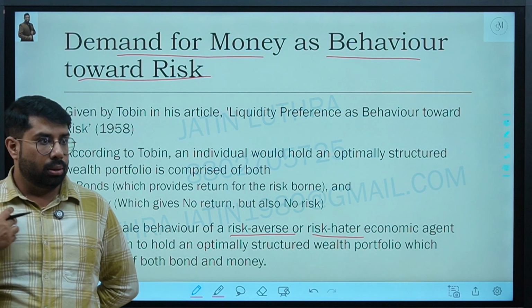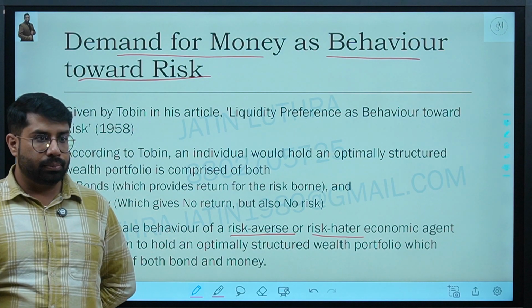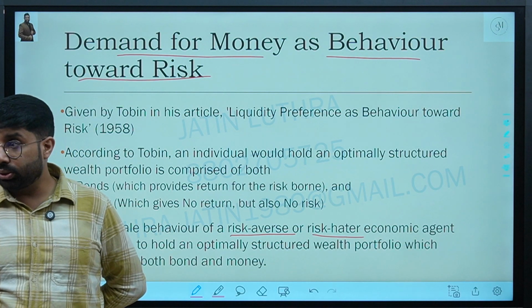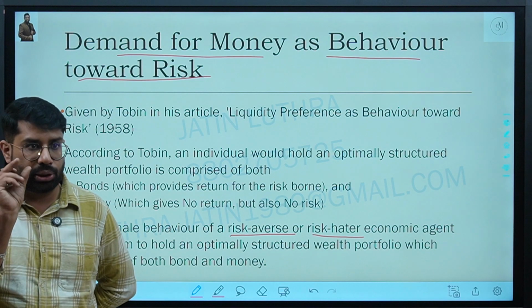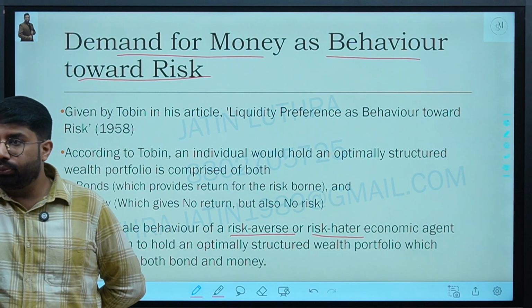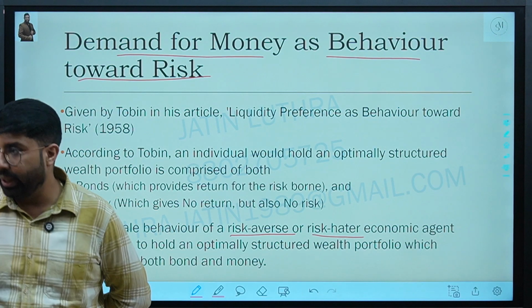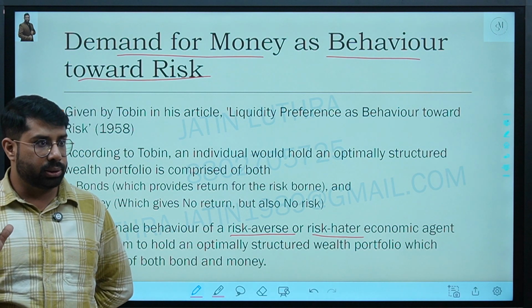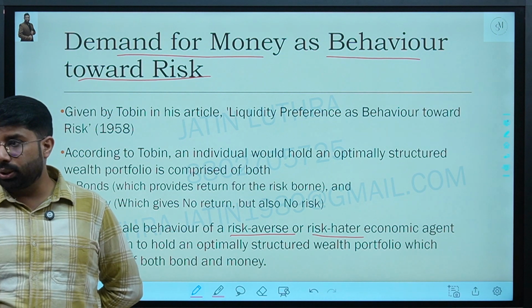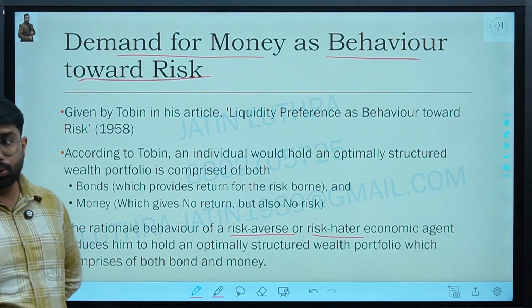Means I am a risk averse person, I cannot buy only inventory, that will be too much risk. I will take cash also with me, I will take some securities so that I can earn a very little passive income, and my risk also will be very less. This is also one of the points of view of the stopping theory. Are you clear with this thing? Right? This is the theory of demand for money as behavior towards risk.